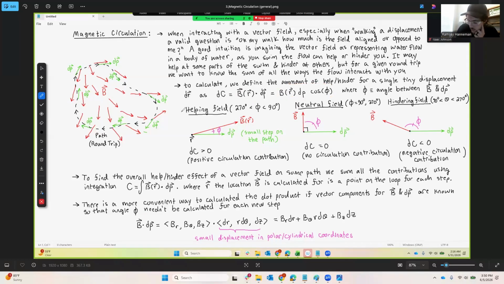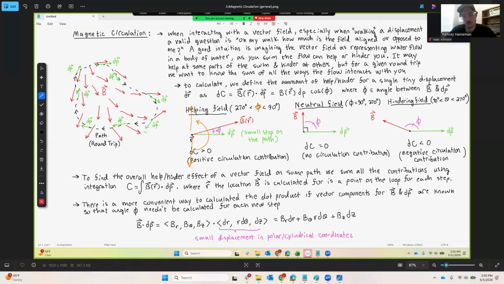So a helping field is any angle between 90 and 270, where theta is between there. Or I'm sorry, phi should be either greater than 270 or less than 90.